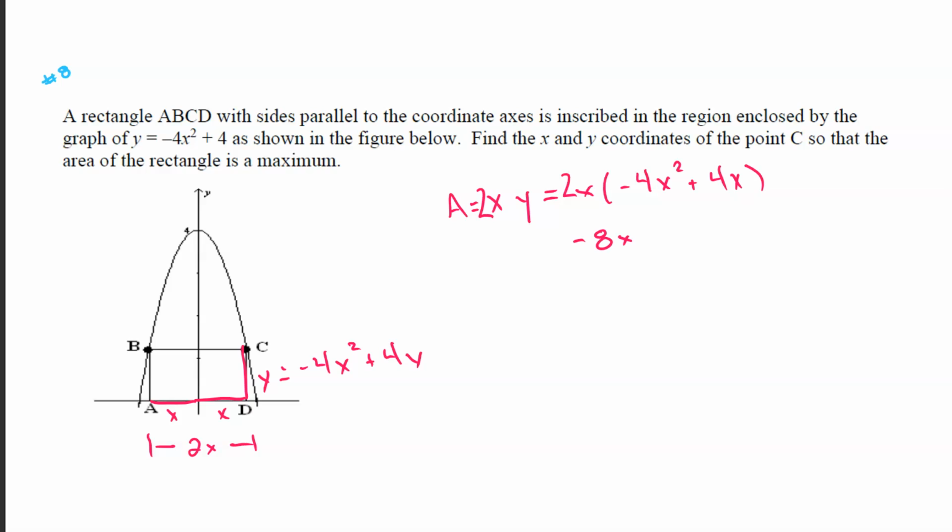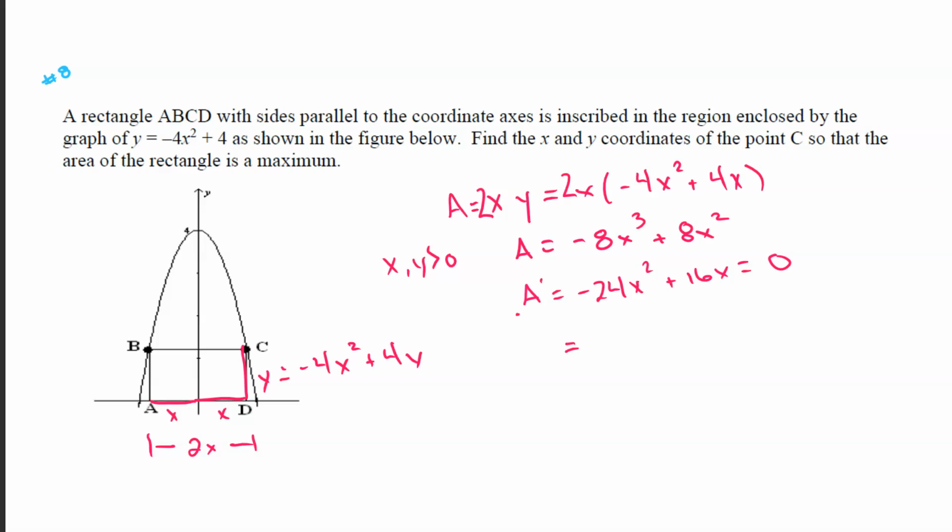Negative 8x cubed plus 8x squared. All right, we need x and y to be positive. So those are the numbers that make sense. Let's go ahead and do the derivative. 8 times 3, negative 24, x squared plus 16x equal to 0.